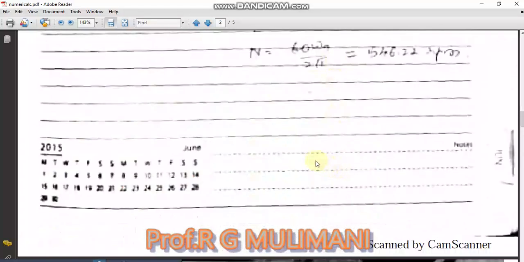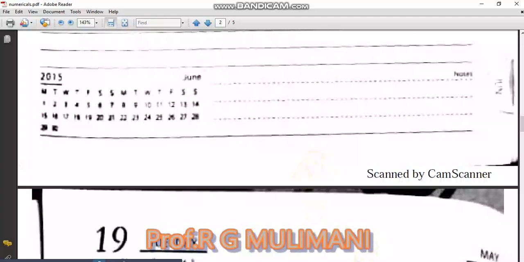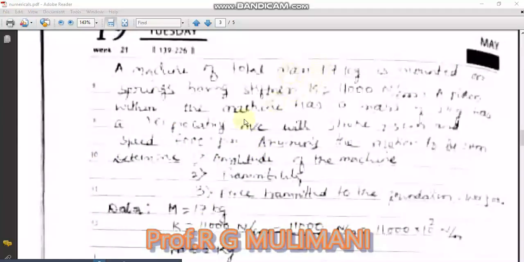Okay, this is the first problem. Let us solve the second problem. A machine of total mass 17 kg, total mass capital M, is mounted on a spring having a given stiffness.